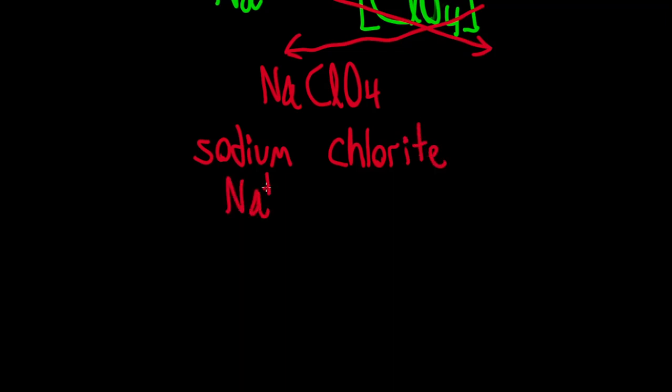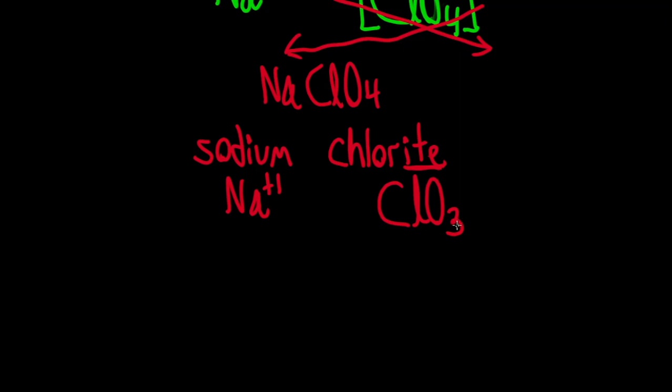and I'm going to have Na+1, and again, I don't see chlorite as my base state. I don't see chlorite in my chart, but I do see chlorate. That's going to be ClO3, and because this is chlorite, my chart tells me that I have one less oxygen than my base state.